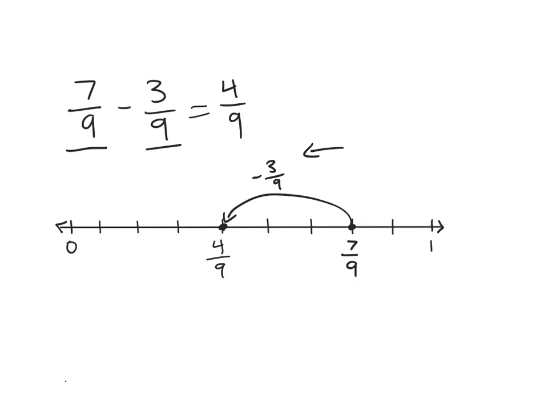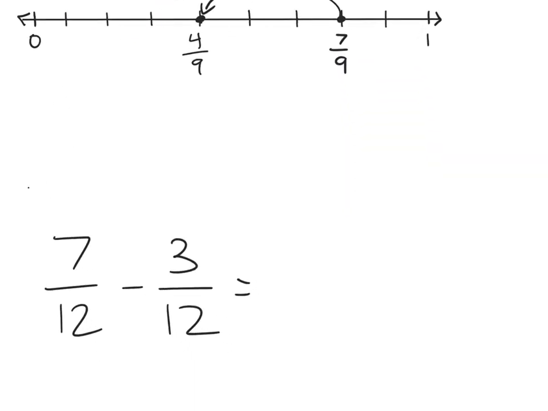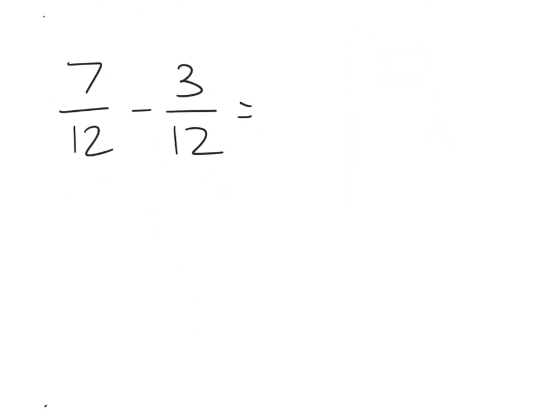So you might notice that the numerator of our answer is simply the numerator of the first number minus the numerator of the second number, and our denominator in this case stayed the same as the denominators in the original problem. So that's going to be important to doing subtraction without the number line, which is what our next example is. So in this problem, I'm going to be showing how to subtract 7 twelfths minus 3 twelfths.